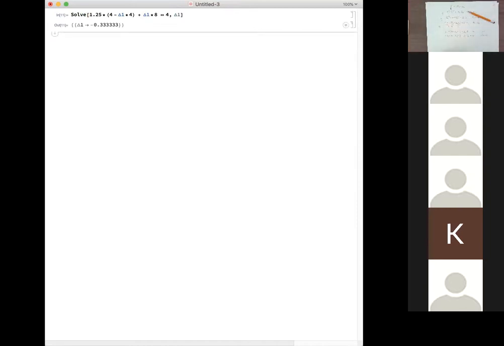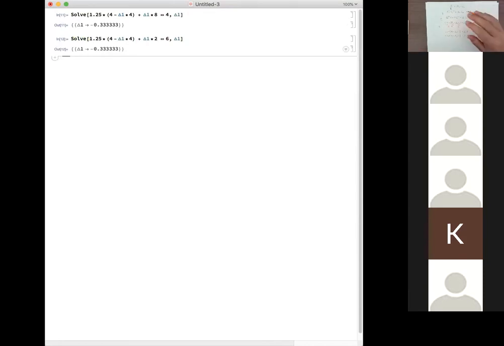That was if I solved the top equation. Now what happens if I solve the bottom equation? So we need a miracle. The first part is the same because this is stuff that's related to the money market account, but here it changes. Right? Instead of 8, I get 2. And instead of 4, I get 6. And I solve that. And the miracle does happen, right? Delta 1 is minus a third.